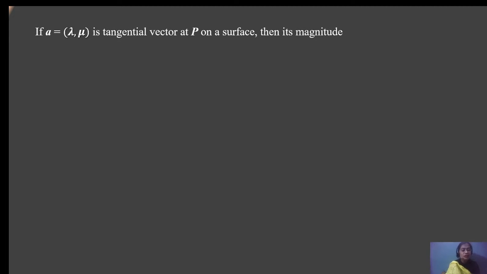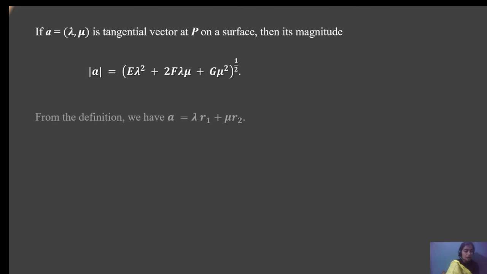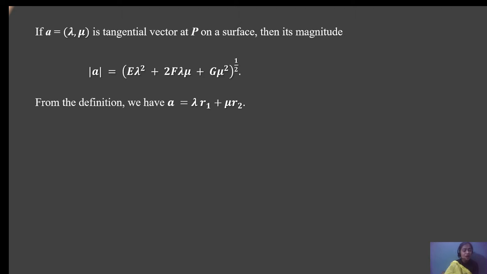If A equals lambda mu is a tangential vector on the surface, then its magnitude is given by mod of A equals the square root of E lambda square plus 2F lambda mu plus G mu square, to the power half. From the definition we have A equals lambda r1 plus mu r2.